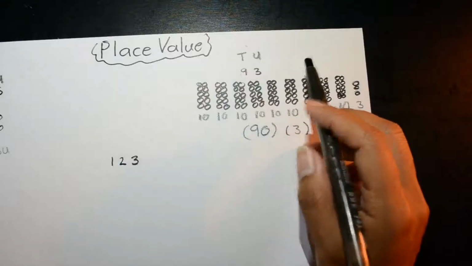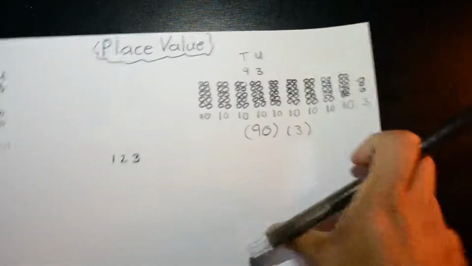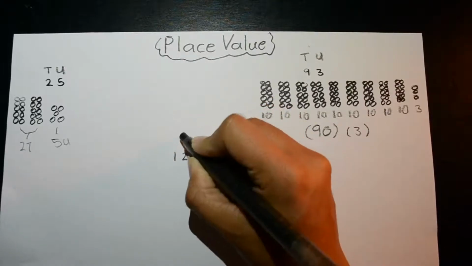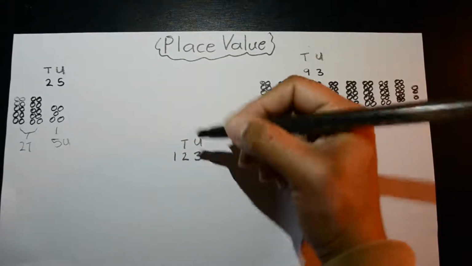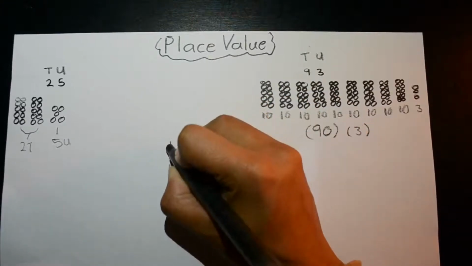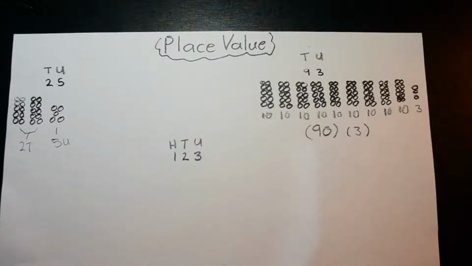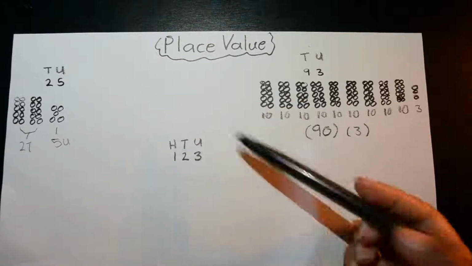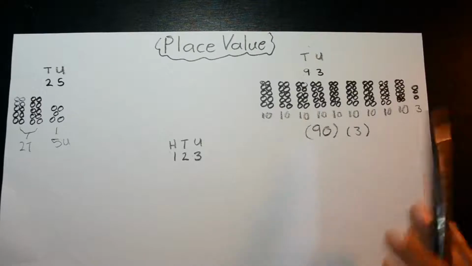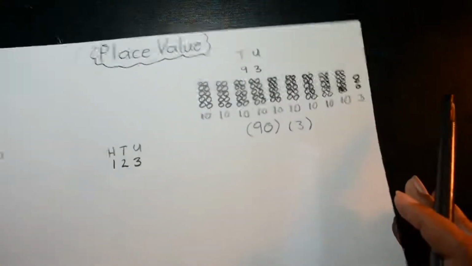Now coming to the hundreds. So remember, this side is units, and next to it is tens. Then the next number after that is what you call the hundred side. So it's hundreds, tens, and units. Now I just want to step in there and explain to you.